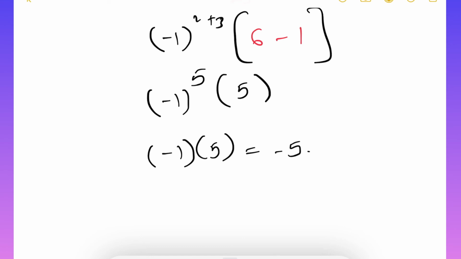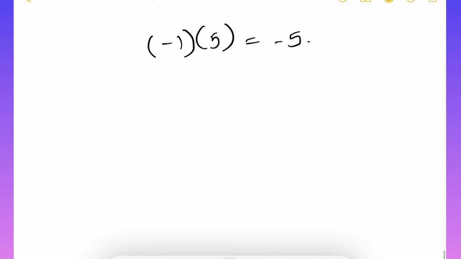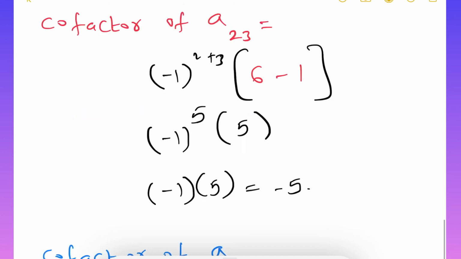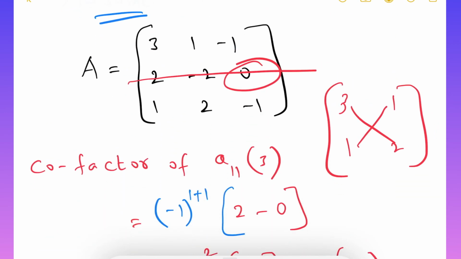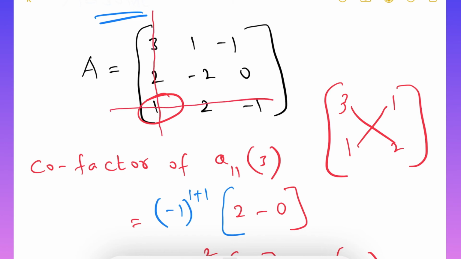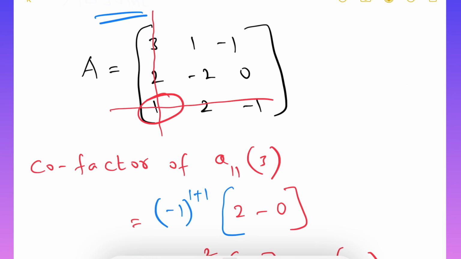Now first row totals completed, second row also totals completed. Now let us move to the third row. So that is cofactor of A31, third row first column. Let us check that. Third row first column, if you observe, this is third row first column. So to get that one, delete the complete column as well as delete the complete row. Now write whatever the remaining elements are there in the form of a matrix again. That is 1 minus 1 minus 2 0.